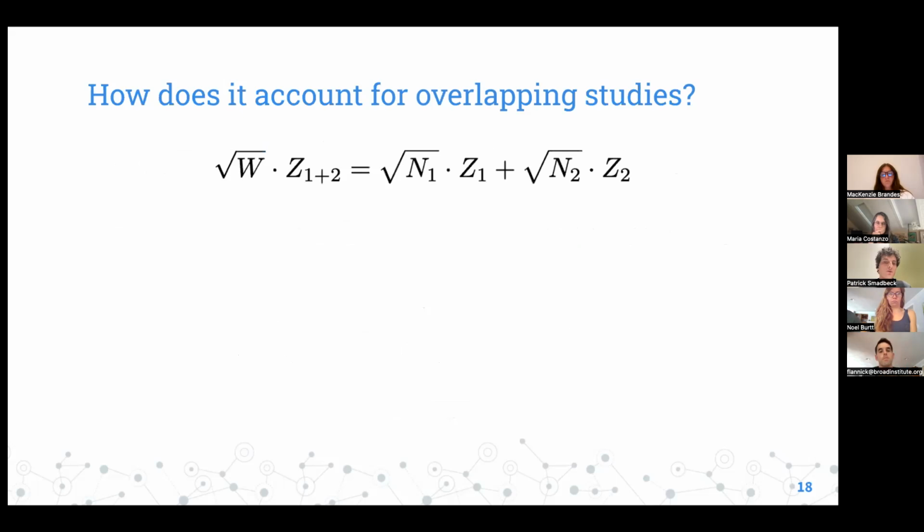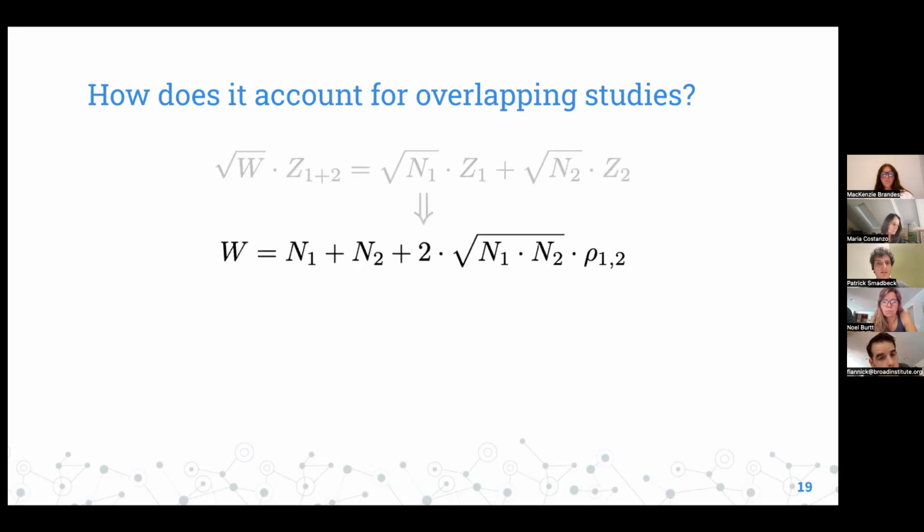And then, if you look at how you might weight Z1,2, what you're trying to figure out is this value W. The target is that we want Z12 to have a variance of 1. Once you think of it that way, multiply it by itself and take the expected value, you can figure out that W must equal N1 plus N2 plus 2 times this overlap region.